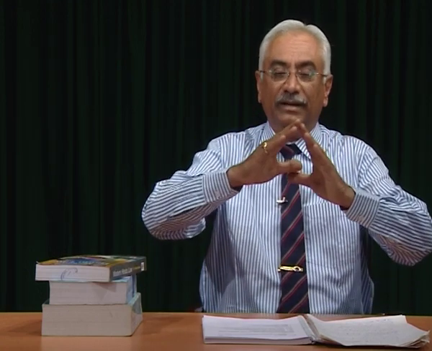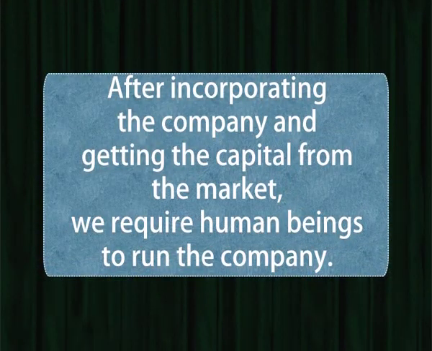The earlier units which I had discussed, like unit number 1, 2, 3, 4 and 5, were related with the company: what is the company, how the company can be formulated, what are the documents to be submitted, and how the company gets the capital from the market. After incorporating the company and getting the capital from the market, we require human beings to run the company.